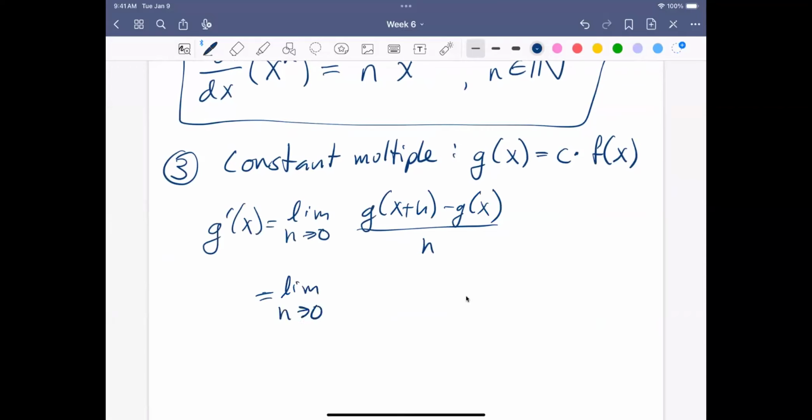Okay, so g of x plus h in this case, my function is c times f of x, so that's going to look like c times f of x plus h. And then g of x is going to be c times f of x, still all over h. So what simplification can we do here?